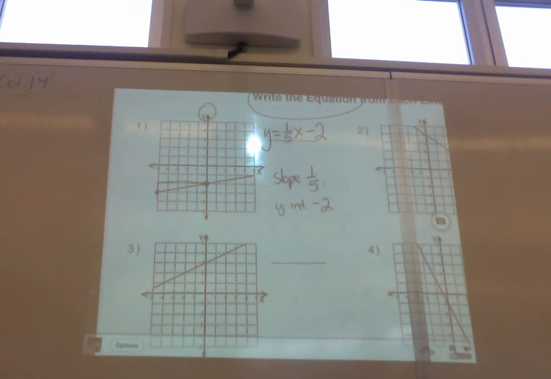Calculators, I need them together and back up in the box. Not until we have the calculator. Well, then we can. Thank you.